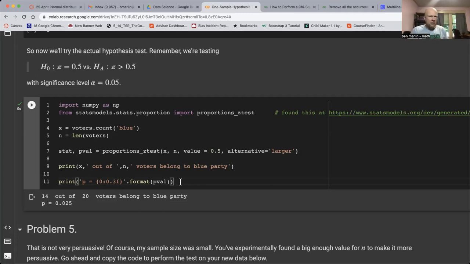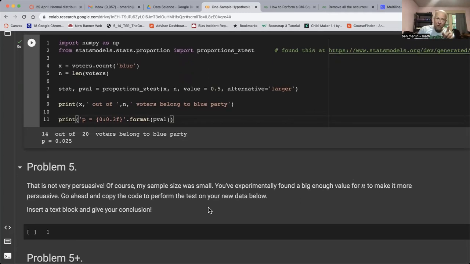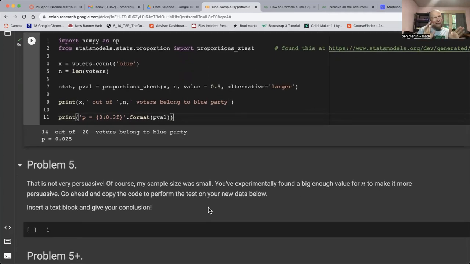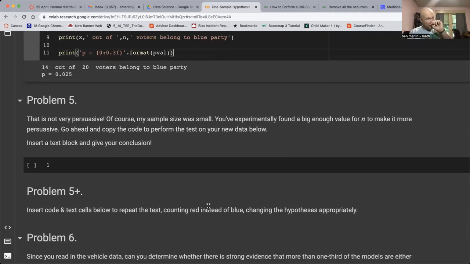As you're reading along with this, notice that I've thrown in some extra stuff that I found in the examples about how they format things. So take a look at that to see how that's working. The data that I had before was not very persuasive. 0.025 is persuasive, but 0.181 was not very persuasive.